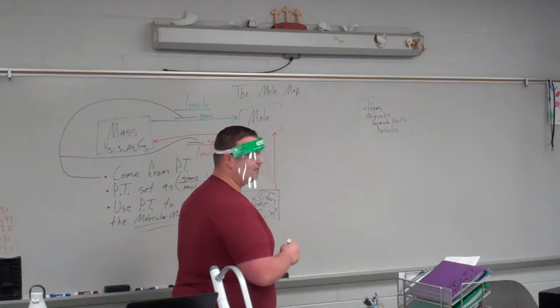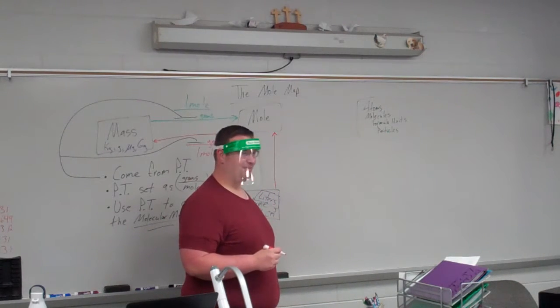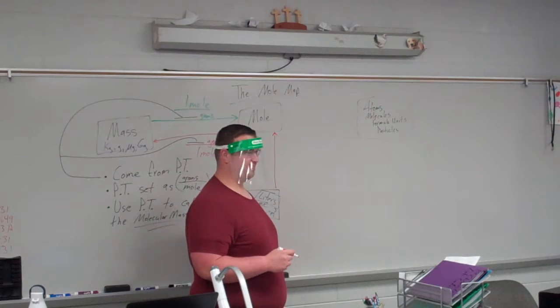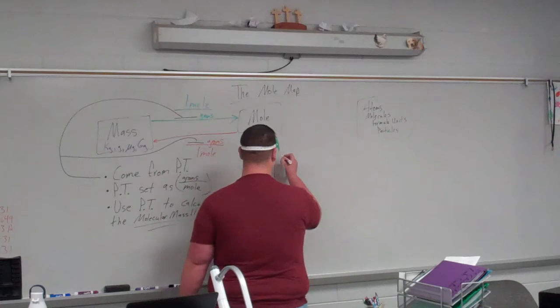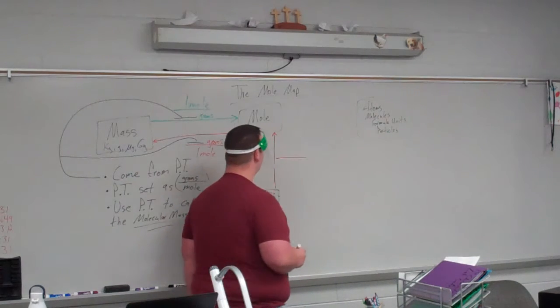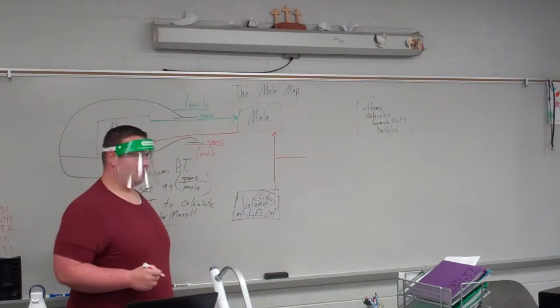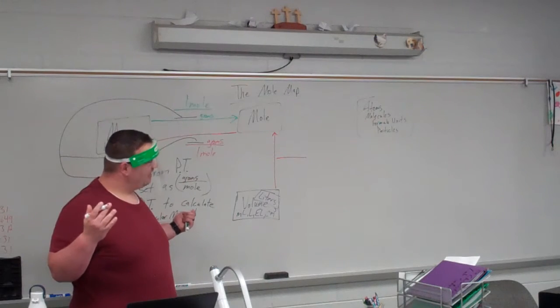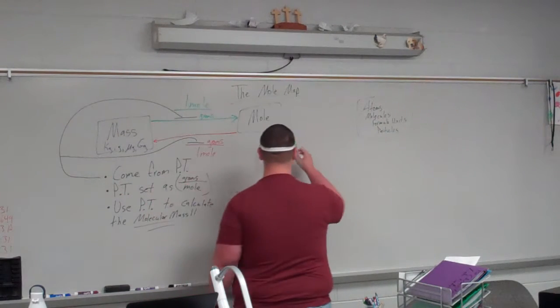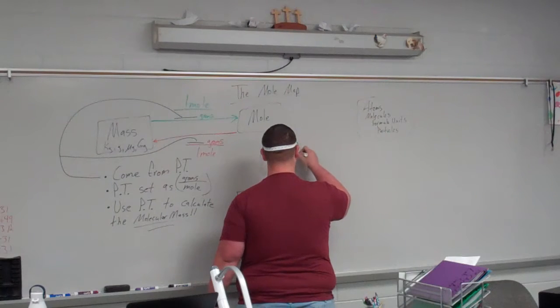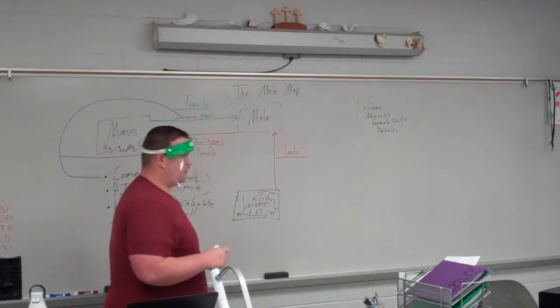Now, what do you need if you're going to do a conversion? A conversion factor, which is a fraction. Fraction bar. What goes on top? Where I'm going. 1 mole. You learn more conversions before you know it. Where am I going from?